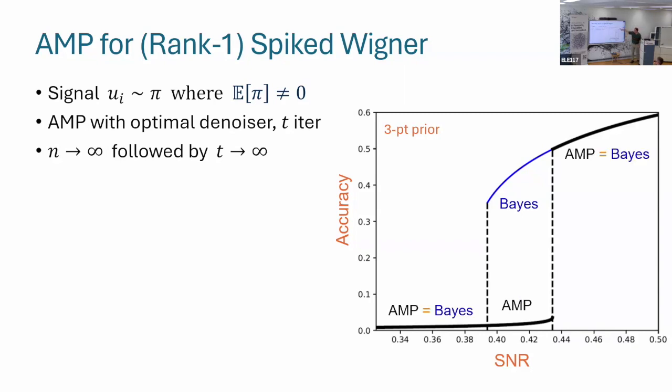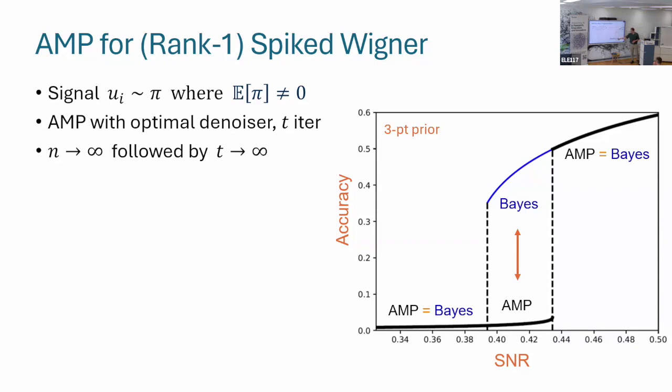But the blue curve is hidden behind the black curve in these 2 regions. So when you're either here or here, we know that AMP is information theoretically the best possible thing you can do. There's nothing more to say. But in the middle, we have this gap, right?